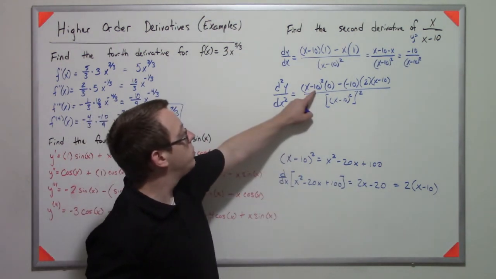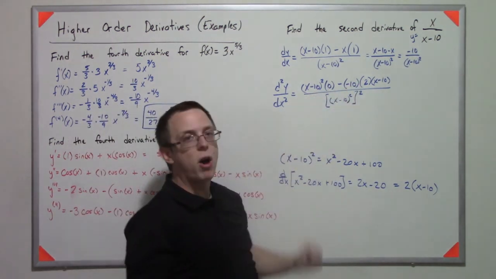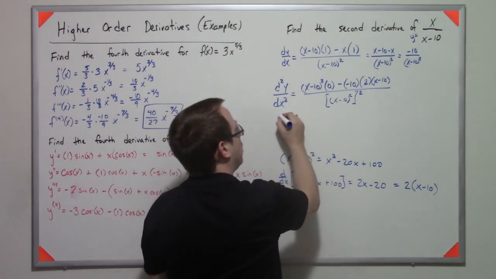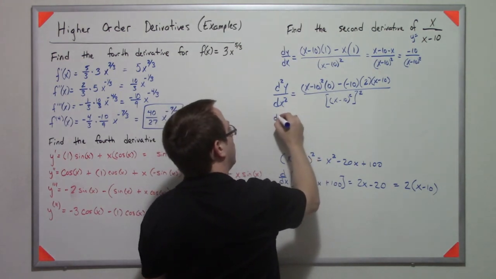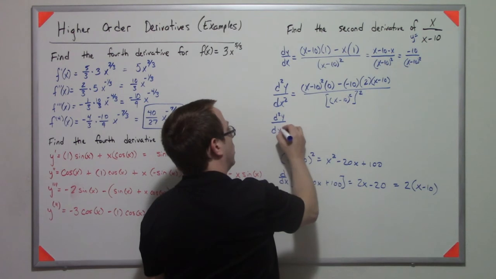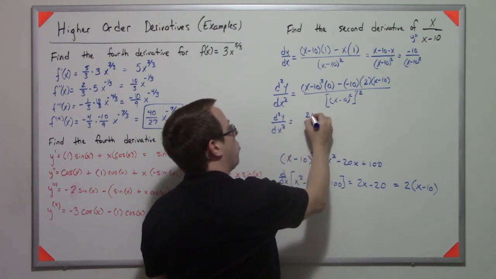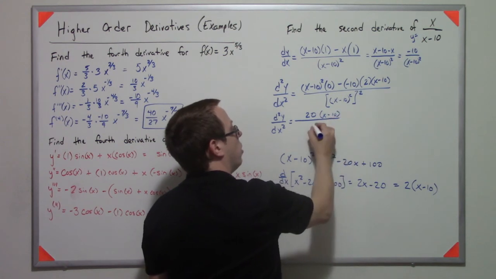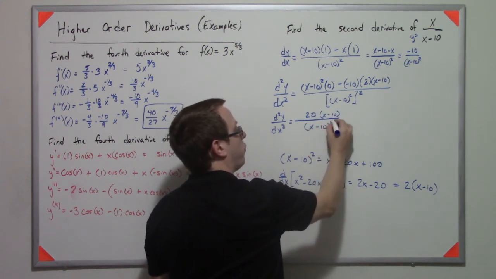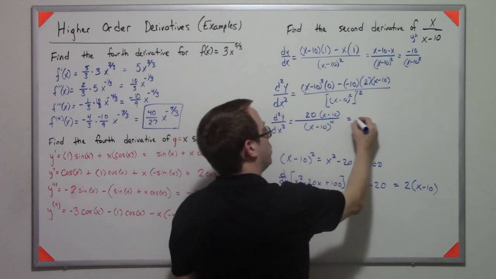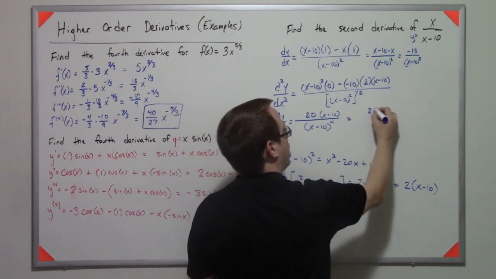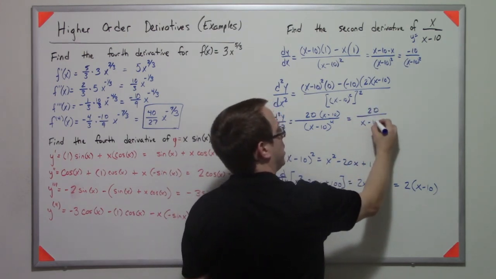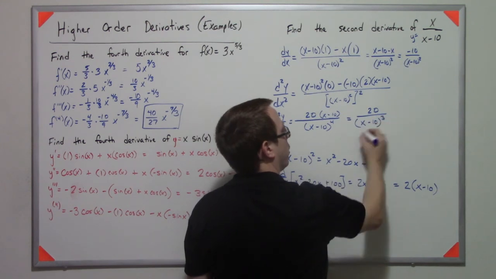So then that becomes 0. That becomes positive 20. So it becomes 20 times x minus 10 over x minus 10 to the 4th, which then becomes 20 over x minus 10 to the 3rd.